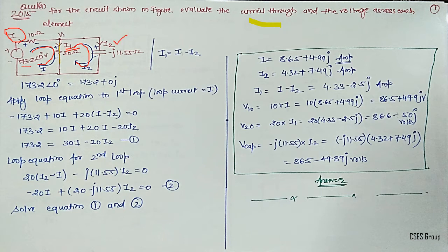The source voltage is given as 173.2 at an angle 0 degree, which can be written as 173.2 plus 0j. Why am I converting it? Because everything is in a plus jb form, whereas this is in magnitude and angle form, so I am changing it to the same format. Now let's write the equation.